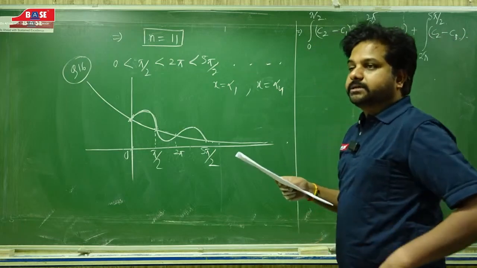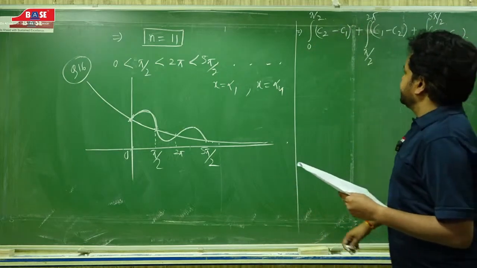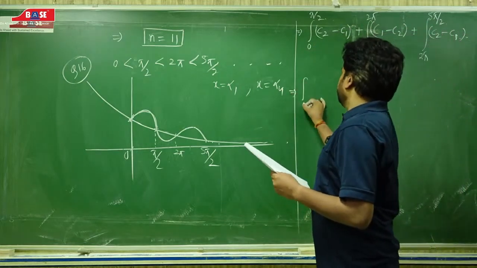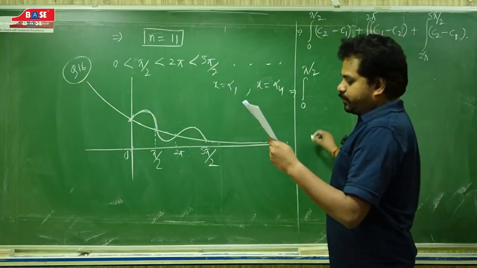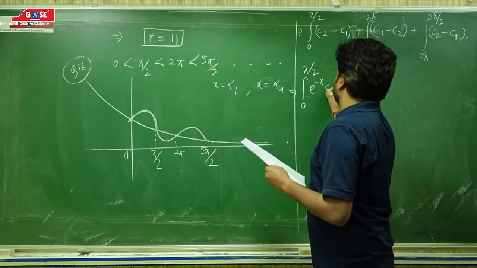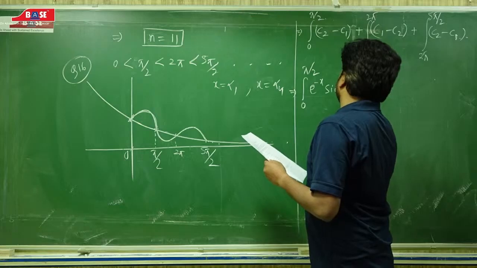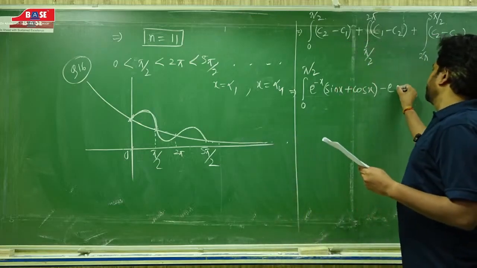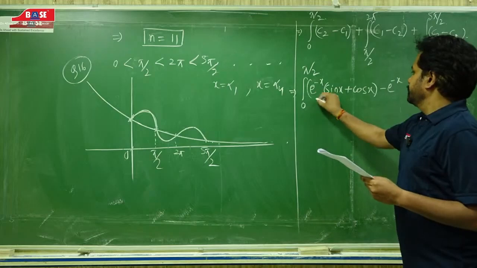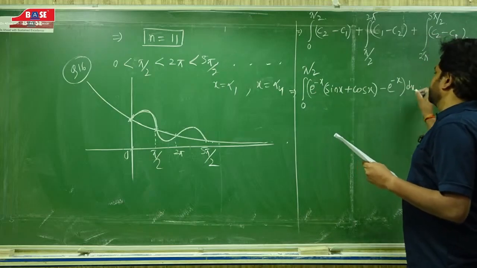Next thing is now C2. What is C2 here? C2 is e power minus x (sin x plus cos x), minus e power minus x, dx.